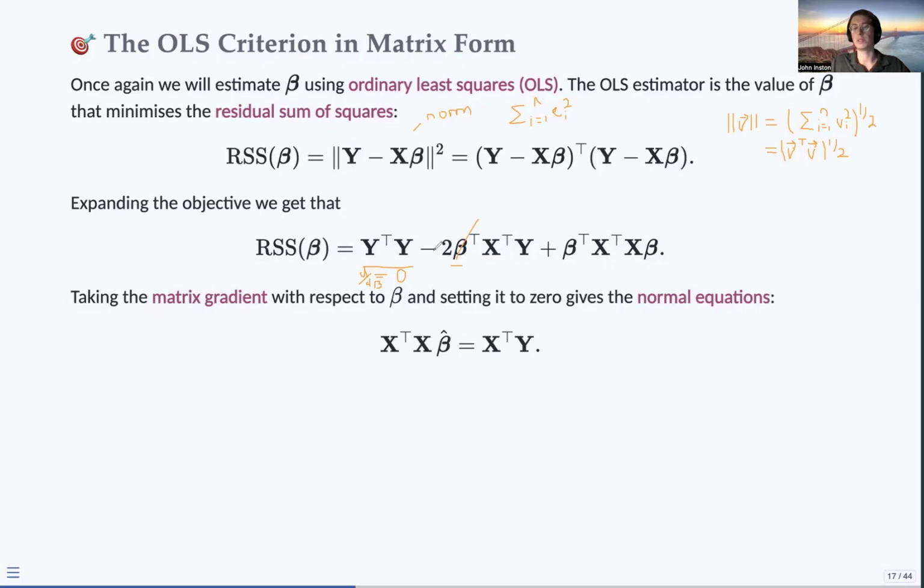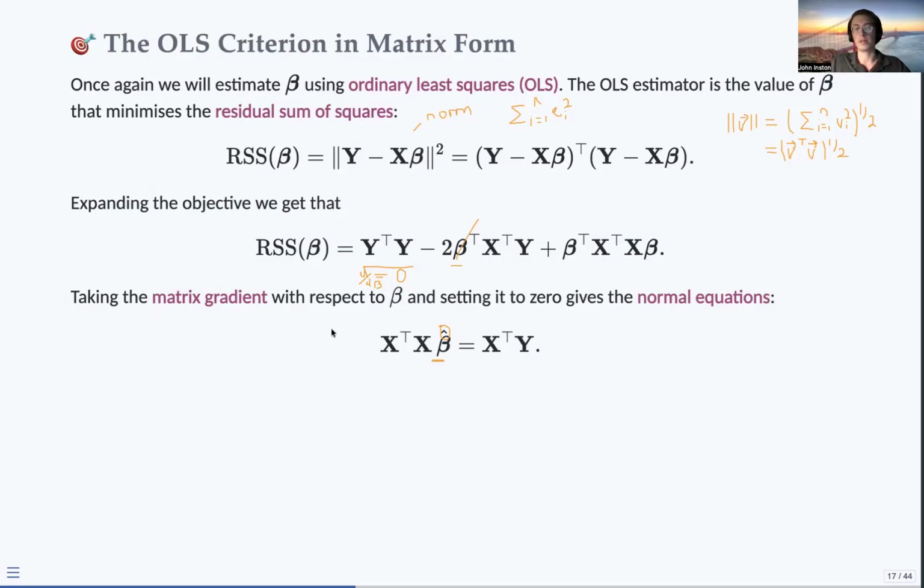So on the left-hand side, we get minus 2 x transpose y. And on this side, we get 2 times beta times x transpose x. And then by setting all of that to 0, we get the OLS estimator, which is why we use the hat notation up here.